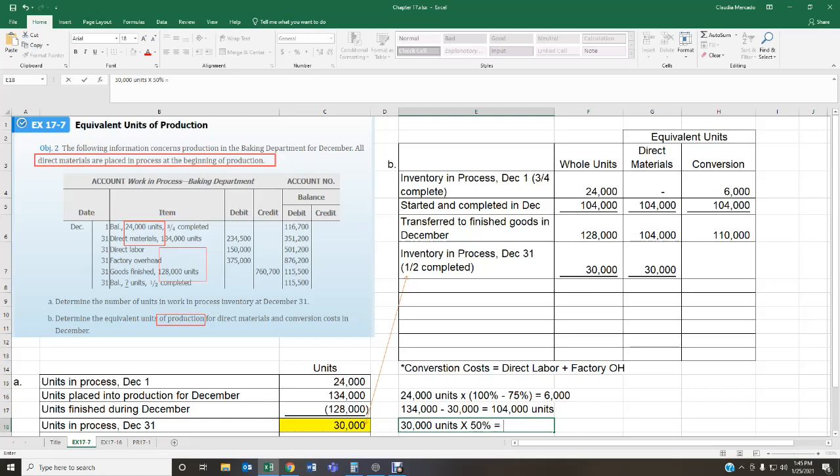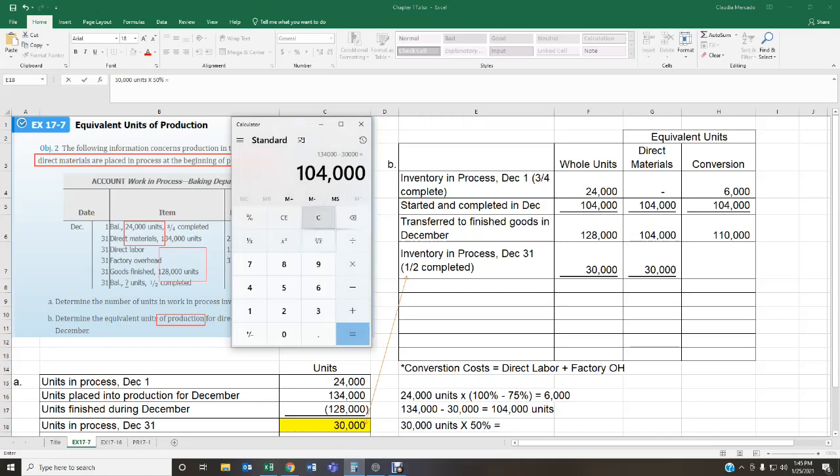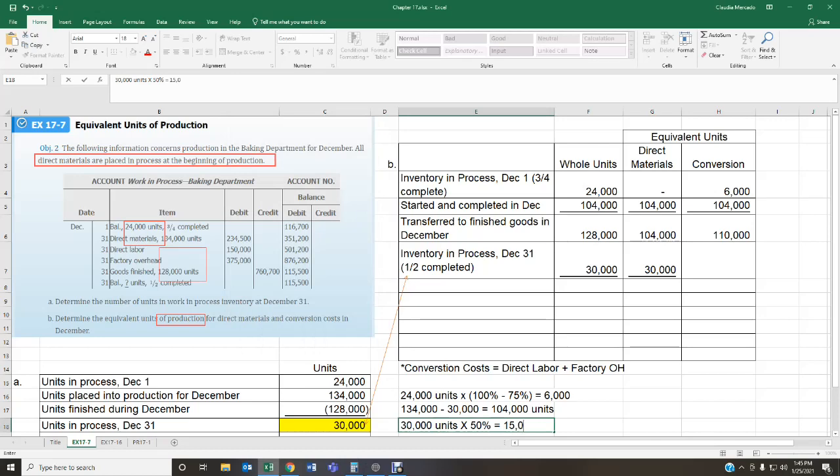And then that gives us 15,000 units. So it says here that they're half complete. So we're going to charge conversion cost for the half, and that's 15,000 units.